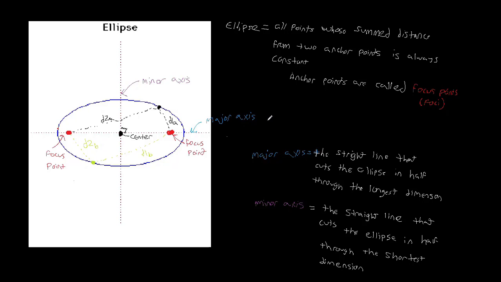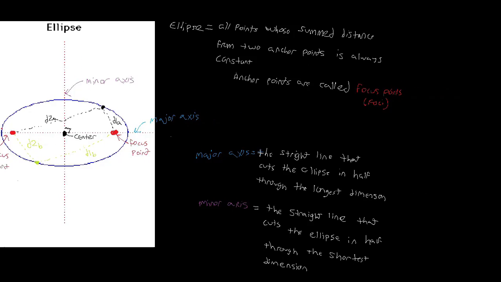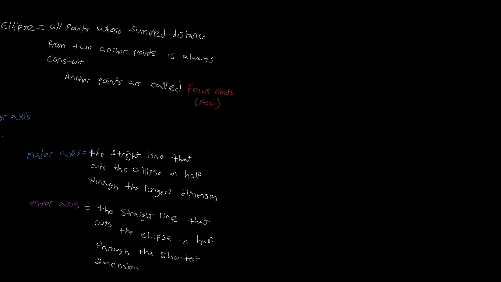So let's go ahead and write that down and add that to our definitions. I'm going to slide over a little bit, and we'll come back and look at the diagram in just a second. Our next term that we want to add in here is center. The center is where the major and minor axes intersect.